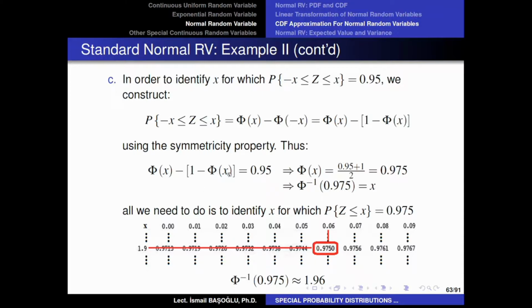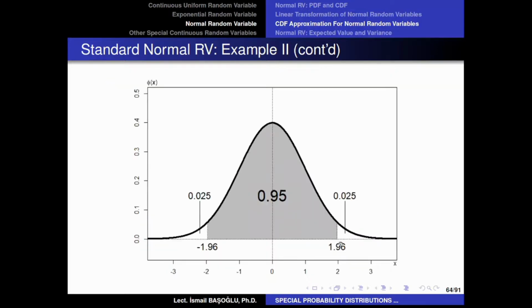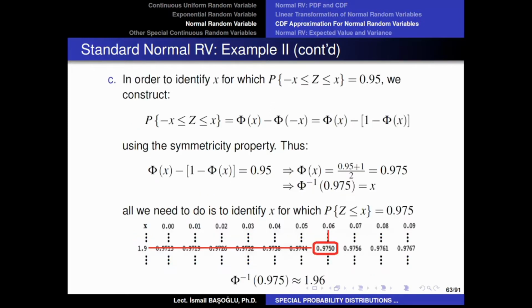Now, from here, you can easily determine that Φ(x) must be equal to 0.975. Or you can understand that from the picture. So the total area on the left-hand side of x must be equal to 0.95 plus that 0.025 area. So it should be equal to 0.975 on the left-hand side of 1.96.